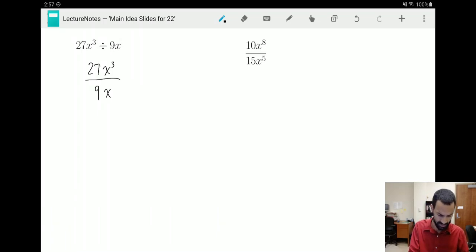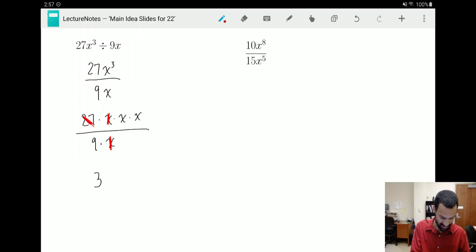Look at 27 over 9, and we're going to look at this separately. I guess let's expand it out. 27 times x times x times x over 9 times x. Okay, there we go. That's how we should look at it. Well, 27 divided by 9 is 3. And you'll notice x divided by x is 1, right?